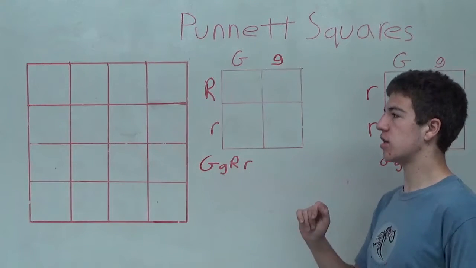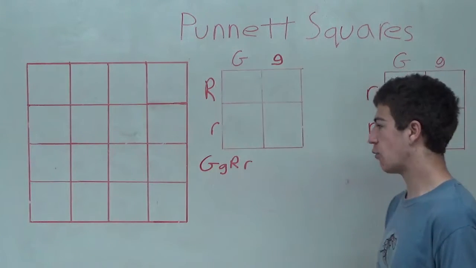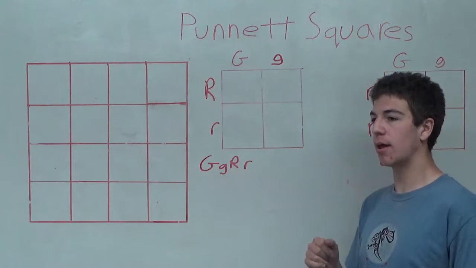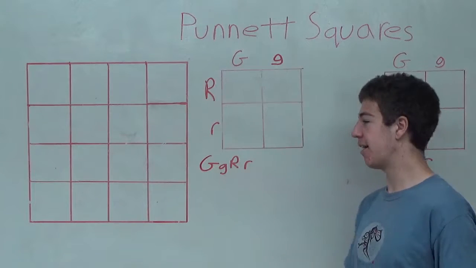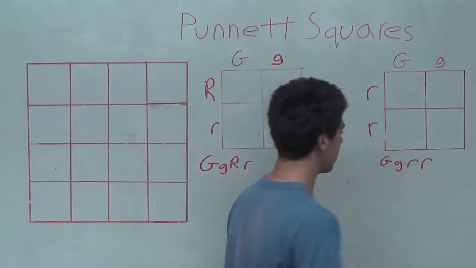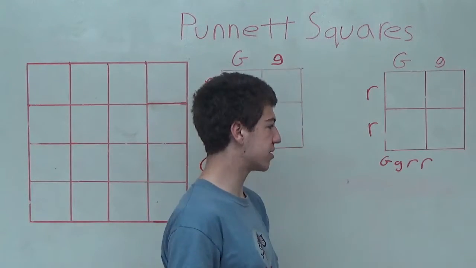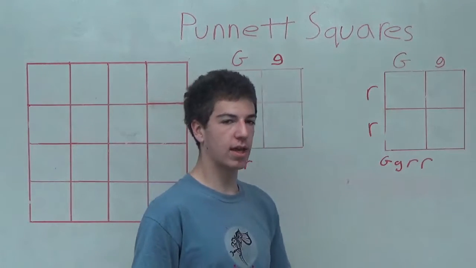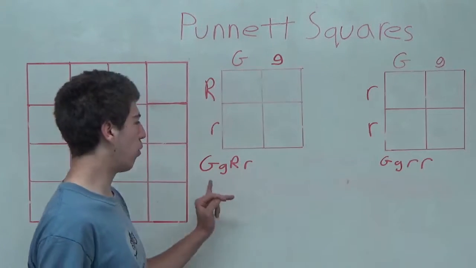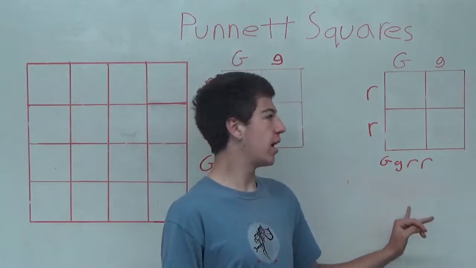And for R, the dominant trait is going to be a round pea plant versus a wrinkled pea plant. And then our second parent is going to be an uppercase dominant G followed by a lowercase recessive g and then 2 lowercase recessive r's. And so parent 1 will be green and round, parent 2 will be green and wrinkled.